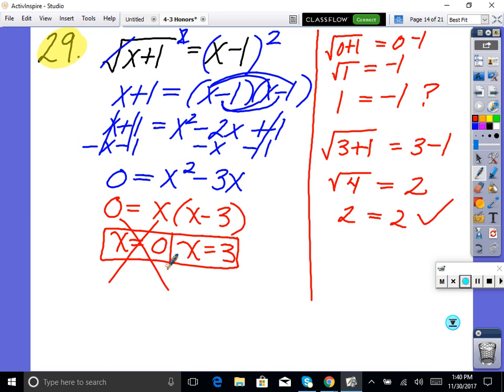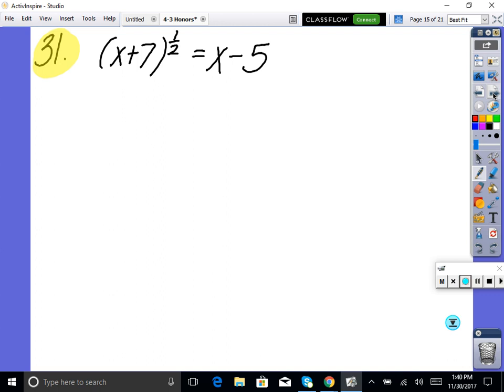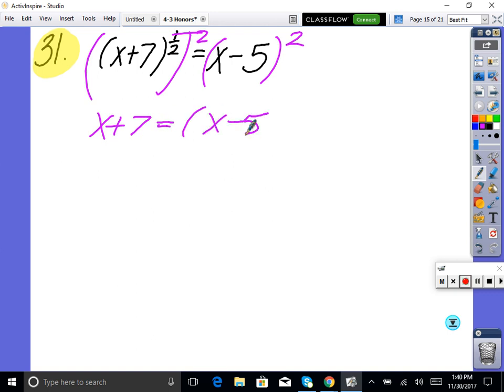Okay, let's do another one. This is so much fun. Okay, look at 31. What do you suggest I do? Square both sides. Okay, you guys go for it then. Go for it. I broke the forbidden rule.